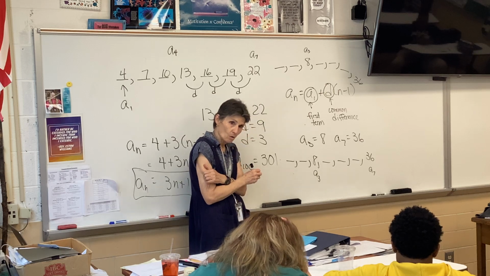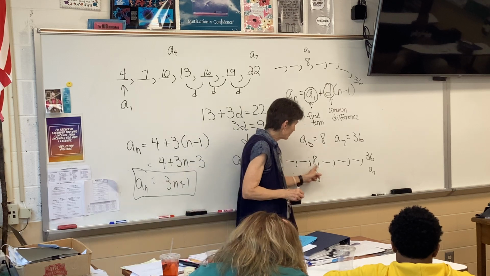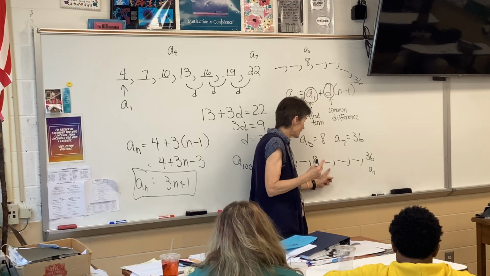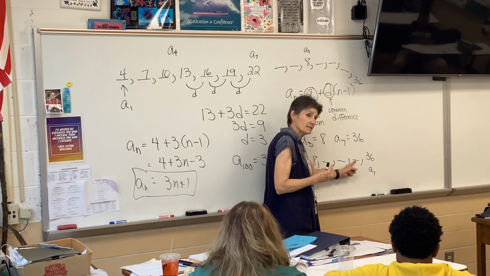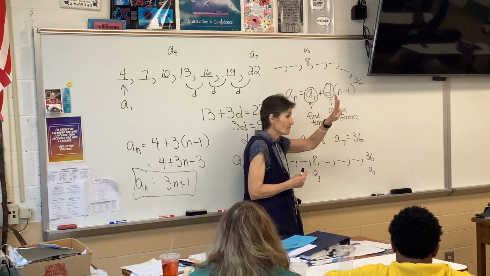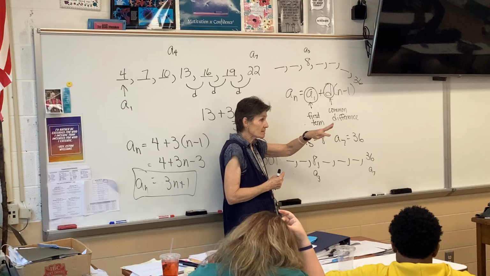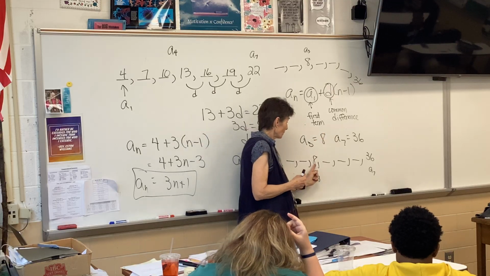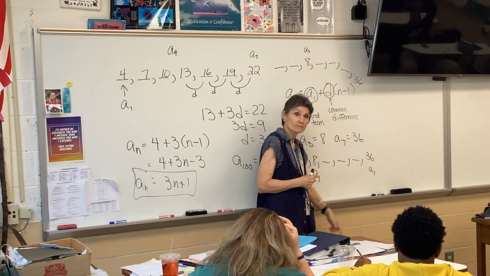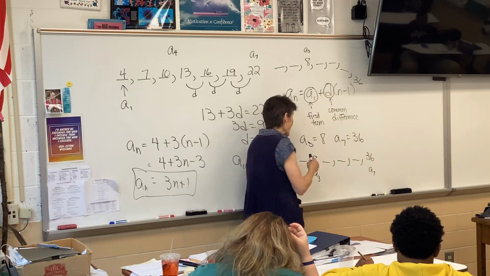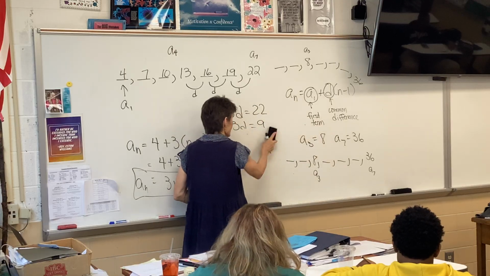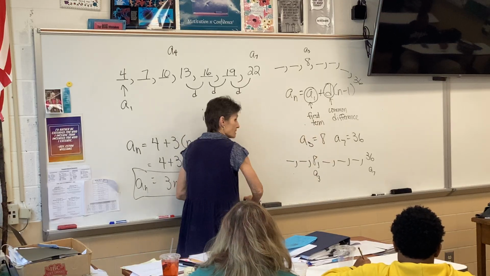Now I know that to get from here to here, I have to add a D, add a D, add a D, add a D. So this time I have to add 4 Ds. 1, 2, 3, 4. And adding 4 Ds is gonna get me from 8 to 36.